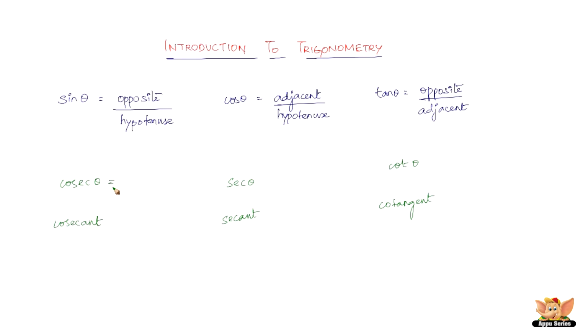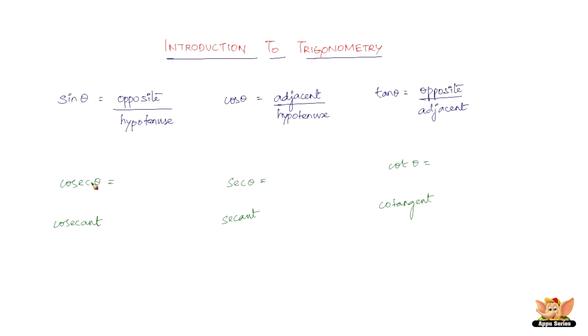Now, how are these ratios related, or derived, from sine theta, cos theta, and tan theta? They are the reciprocals of sine, cos, and tan respectively. Cosecant theta is the reciprocal of sine theta, secant theta is the reciprocal of cos theta, and cot theta is the reciprocal of tan theta.